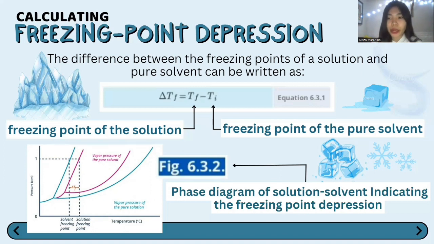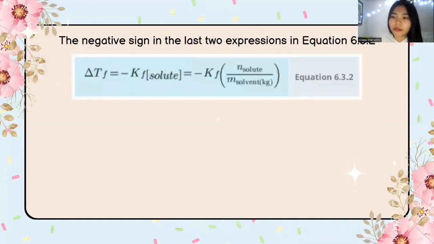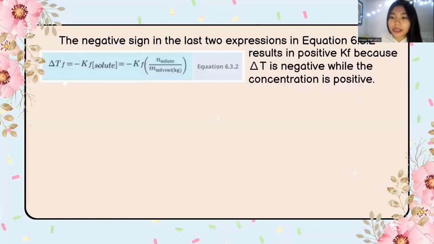Just like in boiling point elevation, the change in freezing points between pure solvent and a solution is directly proportional to the molar concentration of the solute particles. So next is that the negative sign in the last two expressions in equation 6.3.2 is the result of positive Kf because delta T is negative while the concentration is positive.